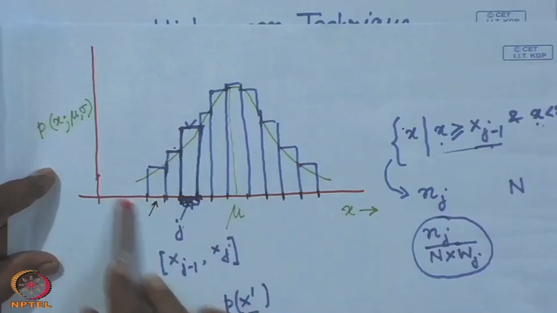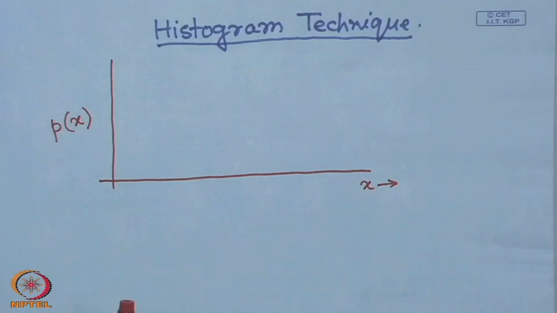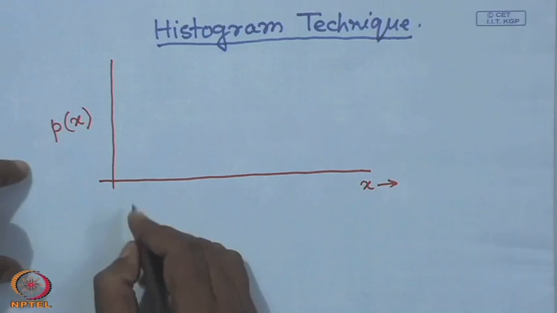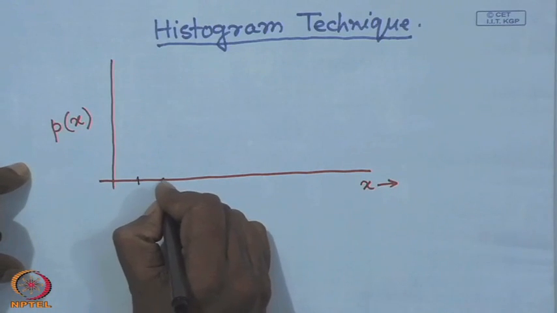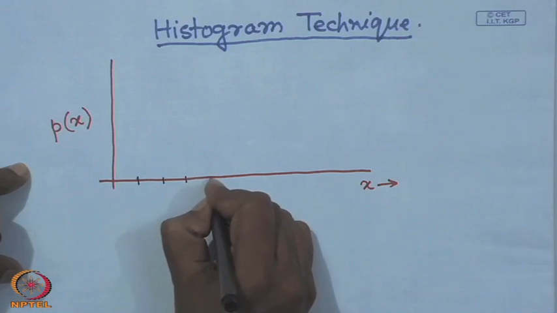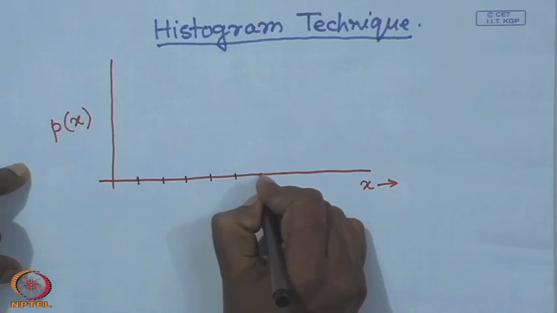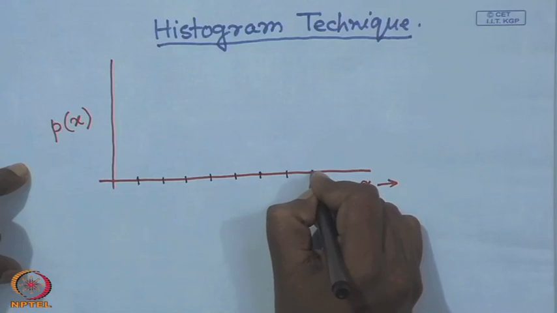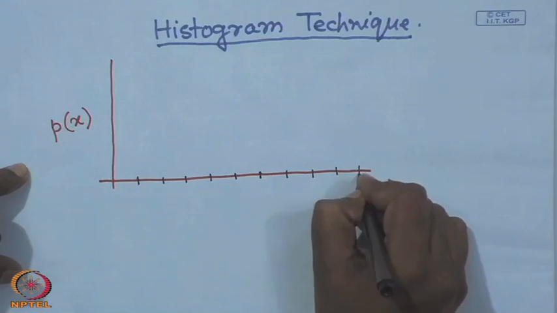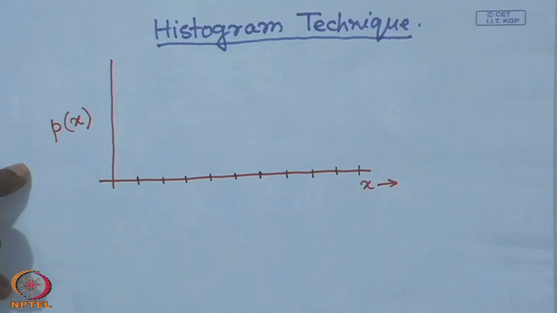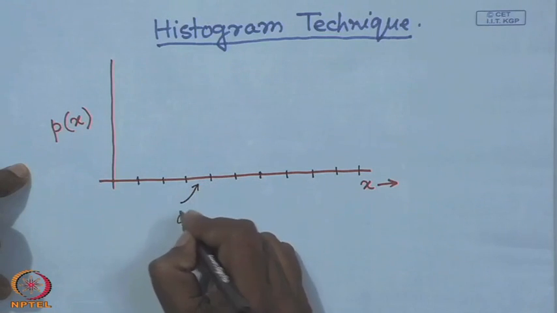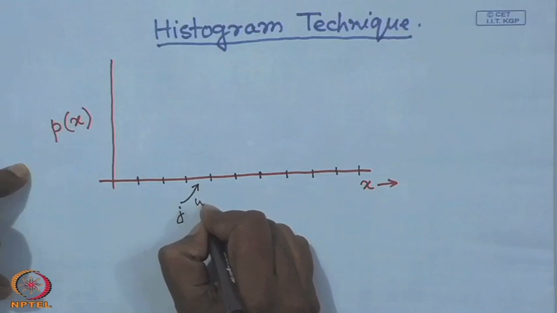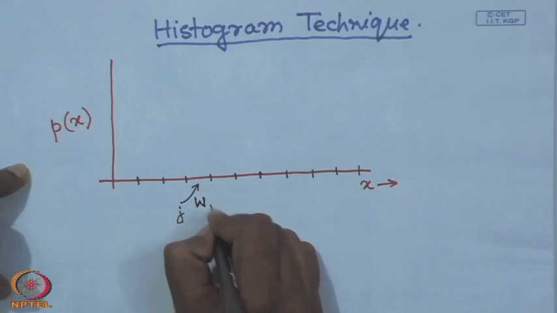So, this is the kind of situation that we had. Following the same concept, we divide this x axis into a number of intervals, like this. Out of these, I take a particular interval, say the jth interval, for which the width will be given by w j.